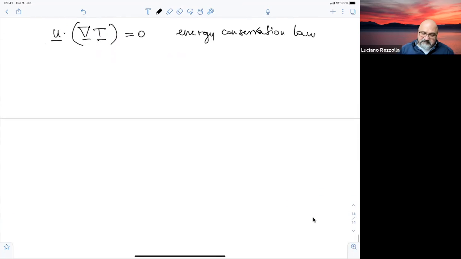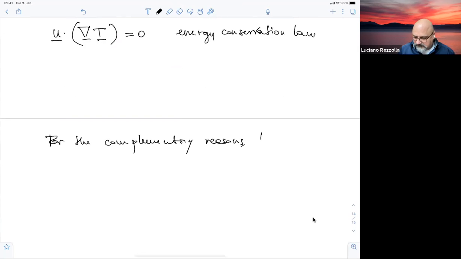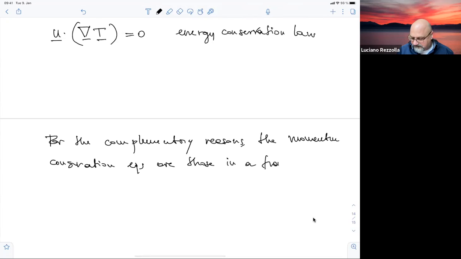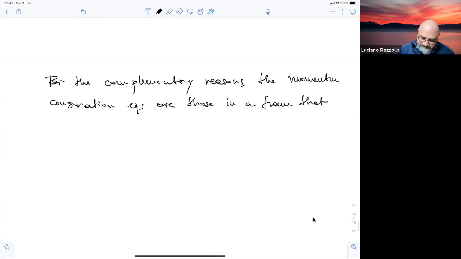For the complementary reason, the momentum conservation equations are those in a frame that is orthogonal to u.